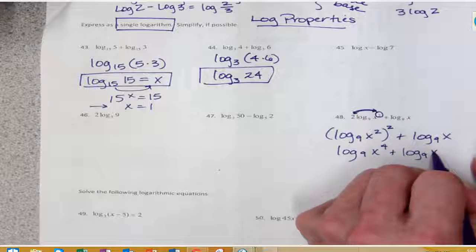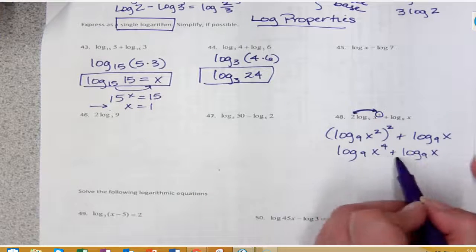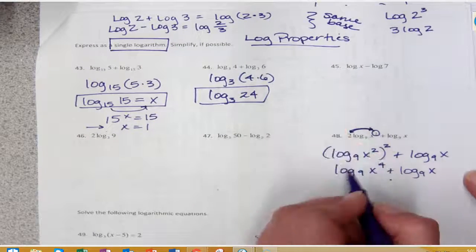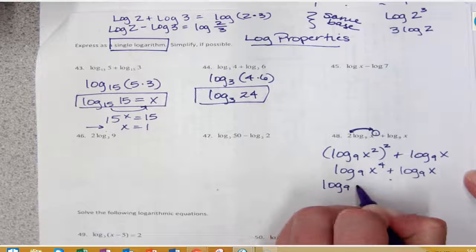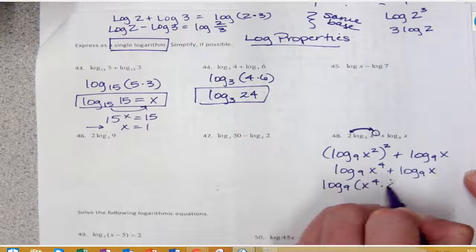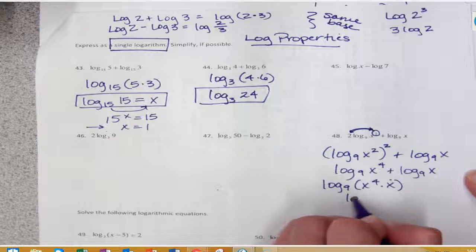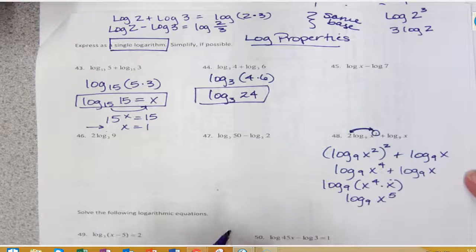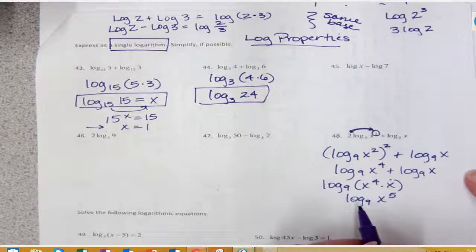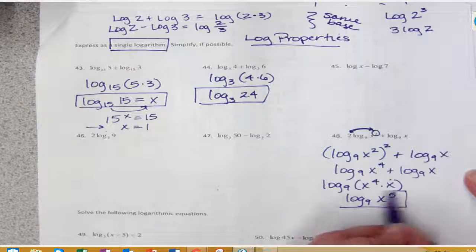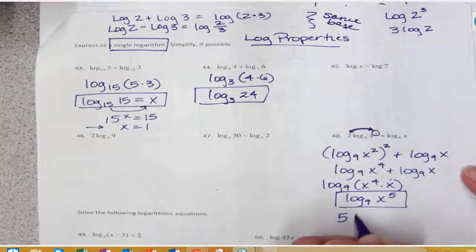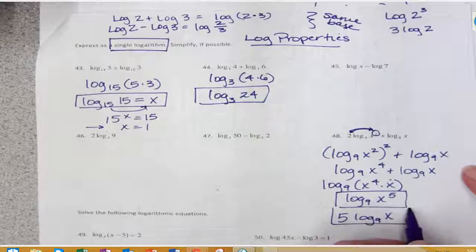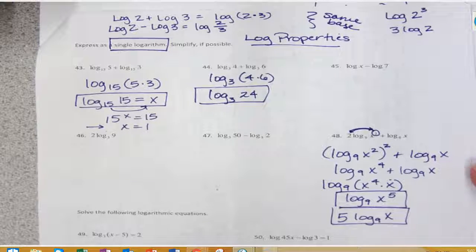Plus log base 9x. Now since I'm adding these according to my properties, I'm going to multiply them. So I'm going to get log base 9 x to the 4th times x, which is log base 9 x to the 5th power. Which then, you could also put 5 log 9x. Okay. All right.